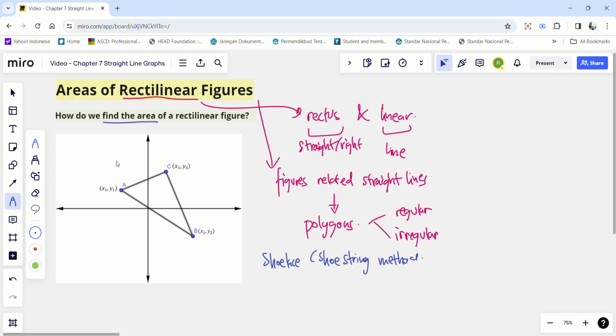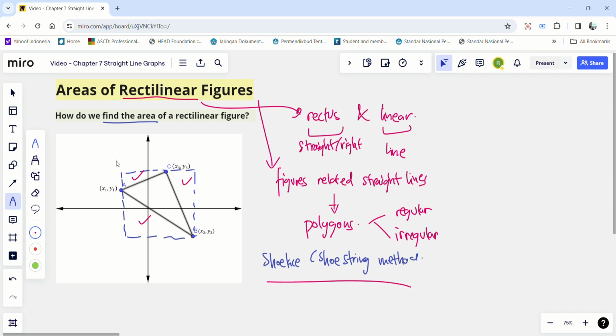The first is by basic shapes: I can create a big rectangle, find the area of the rectangle as a whole, then subtract the area of each triangle here, 1, 2, and 3. No matter how big the polygon is, I can always do that. That can be simplified by using the shoelace or shoestring method.